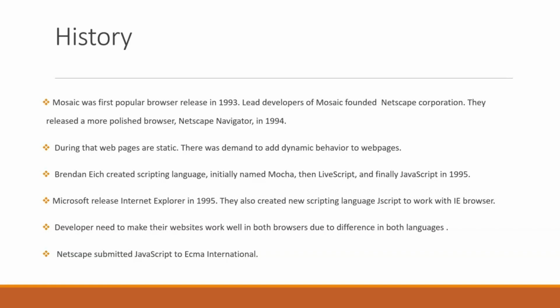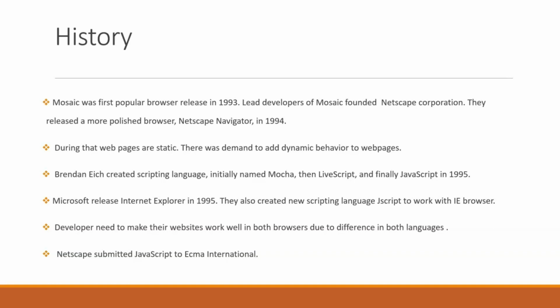For that purpose, Netscape recruited Brendan Eich to create a scripting language. Then he created a new scripting language. Initially, it was named Mocha, then it was renamed to LiveScript, and finally to JavaScript, and released in 1995.